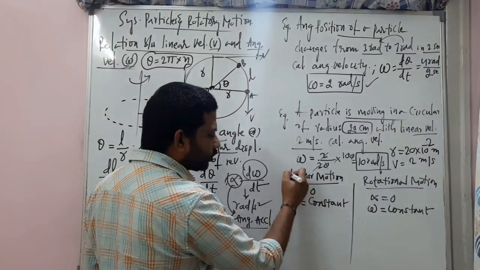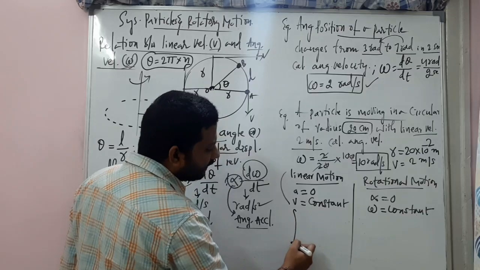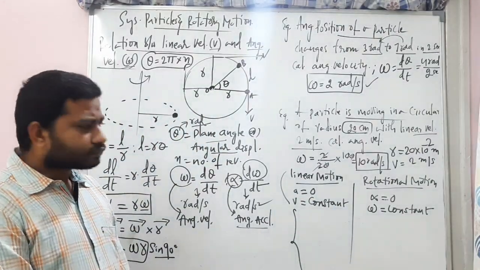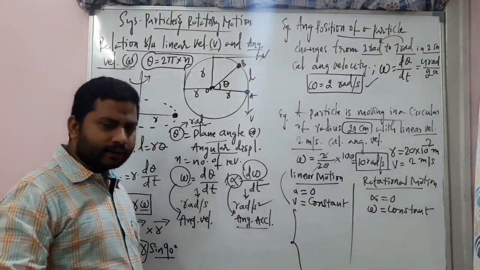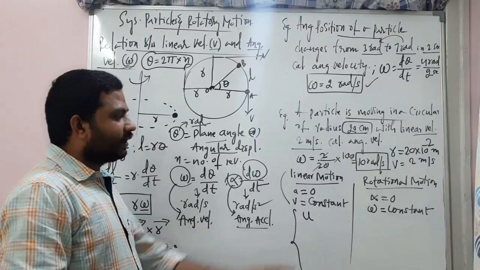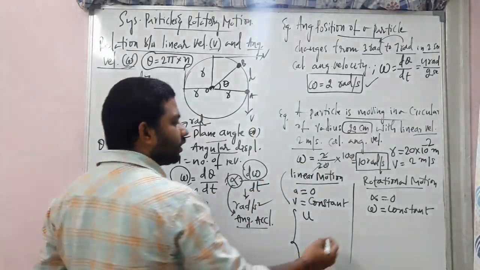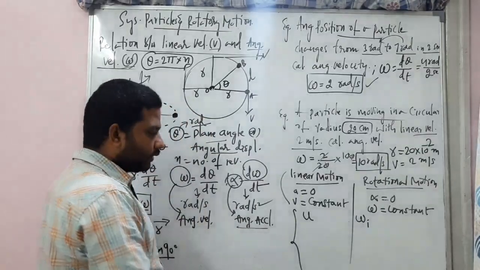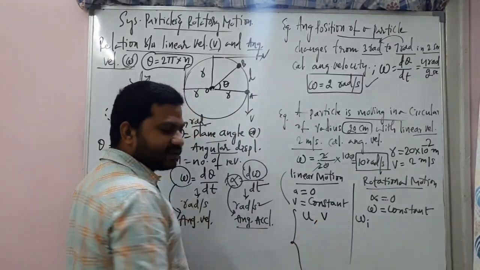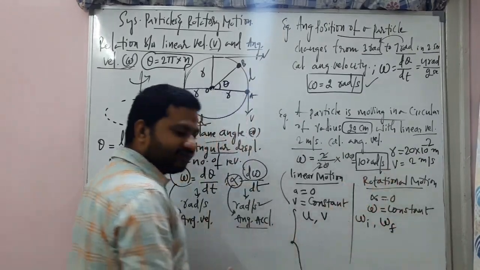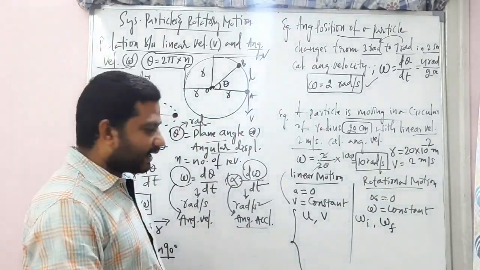Okay, and in linear motion we have to discuss so many things, my dear students. In linear motion, carefully see, initial velocity is u; in rotational motion, initial angular velocity is omega i. Here final velocity is v; here final angular velocity is omega f.